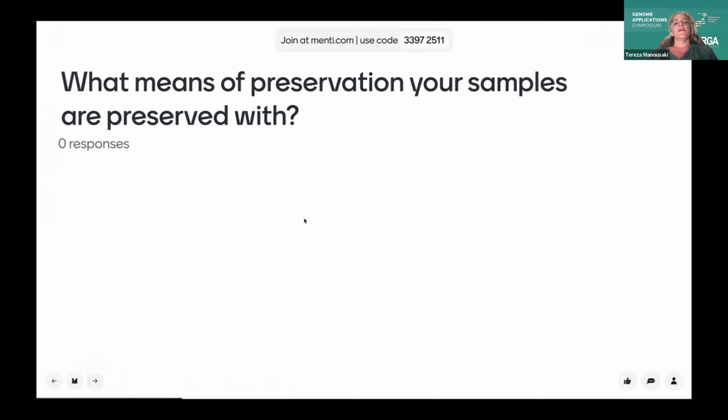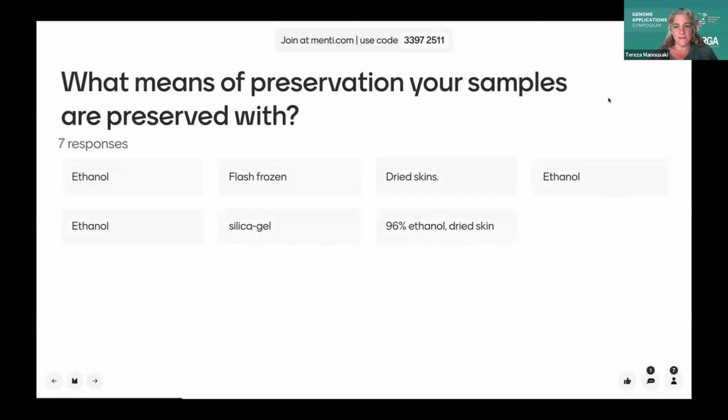Okay. So where are your samples preserved that you're dealing with? Yeah, ethanol. Dried skins sounds difficult also.